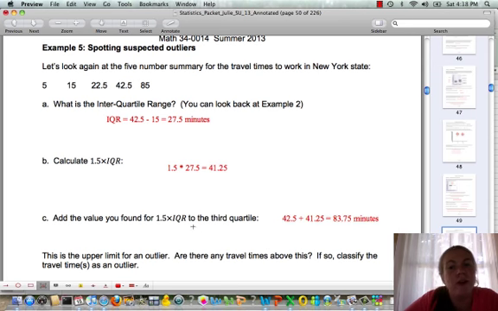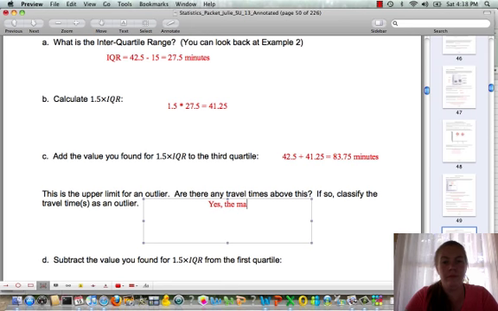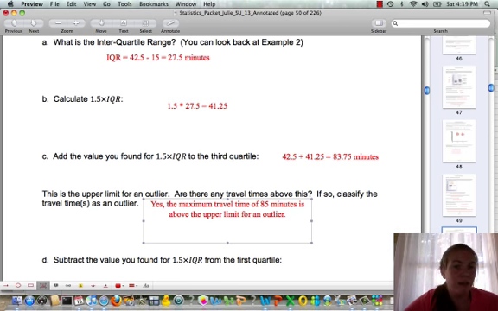And so are there any travel times above this? Well, our maximum, 85, is above this, so yes. So we say, yes, the maximum travel time of 85 minutes is above the upper limit for an outlier.